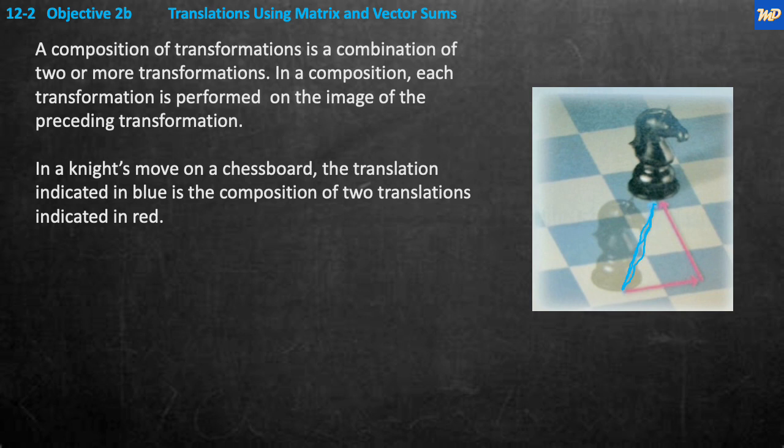Indicated in red. I'll change my ink to red. So there's one translation of, let's say, I don't know which way they're going. We're going to say that to the right is east, right? So this is one to the right and two up.